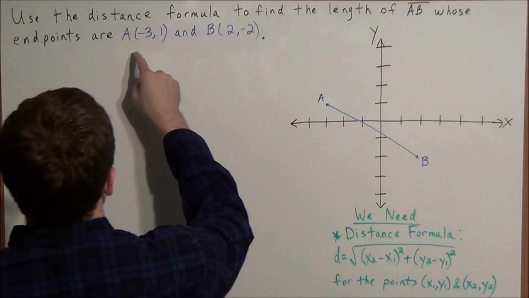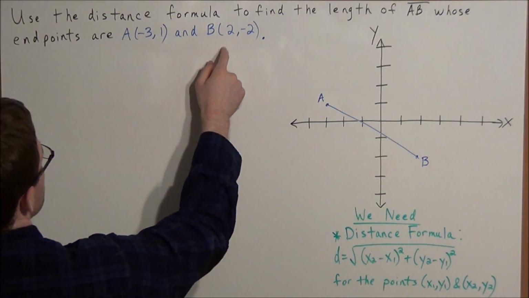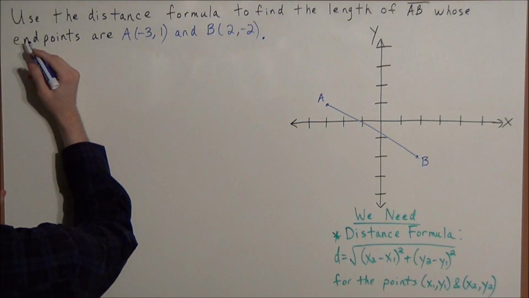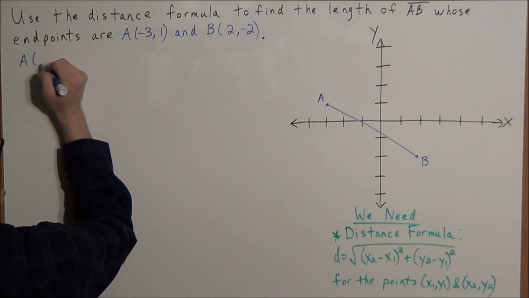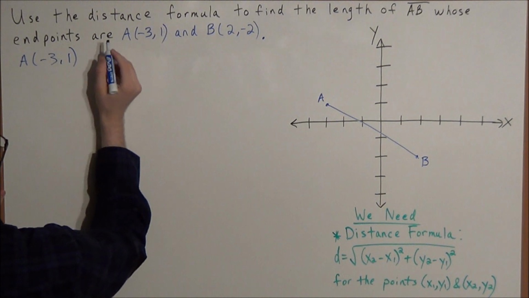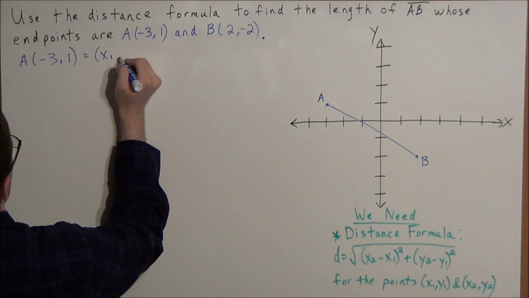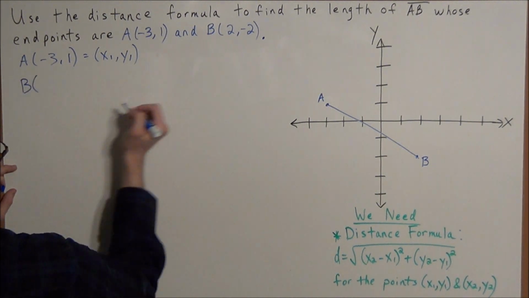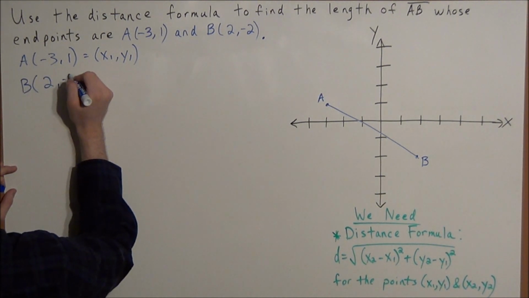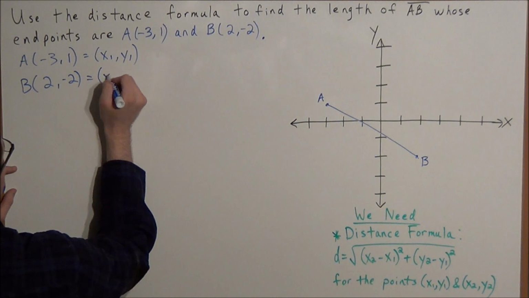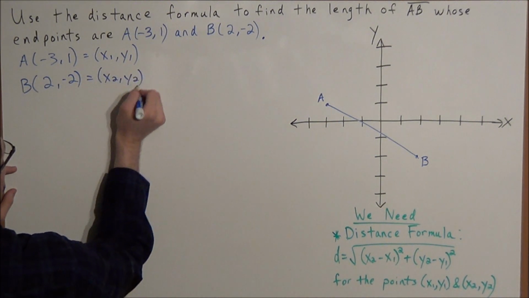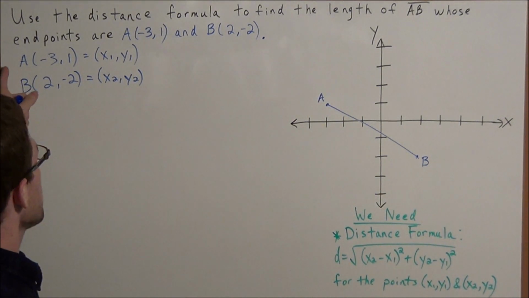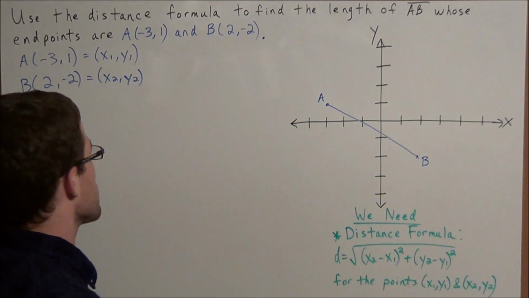So if we're looking at the points (-3, 1) and (2, -2), we could designate point A, (-3, 1), as our (x1, y1), and the point B, (2, -2), as our (x2, y2). So now we could use the distance formula to find the length of line segment AB.